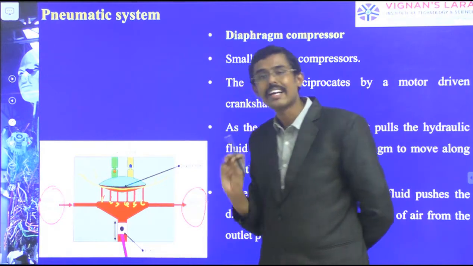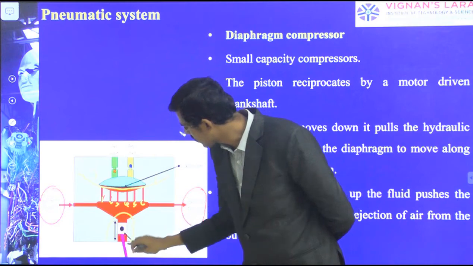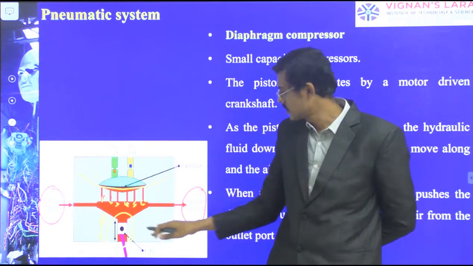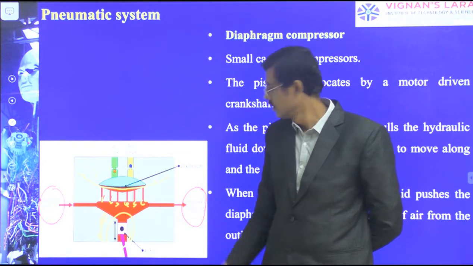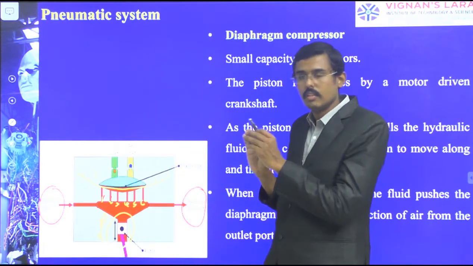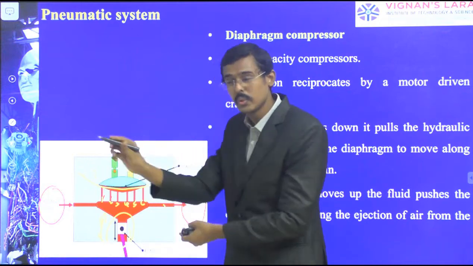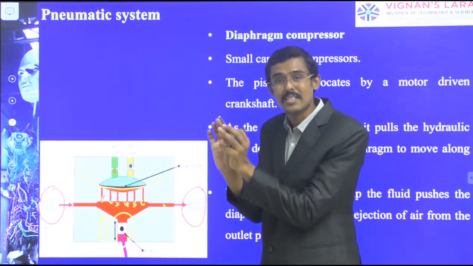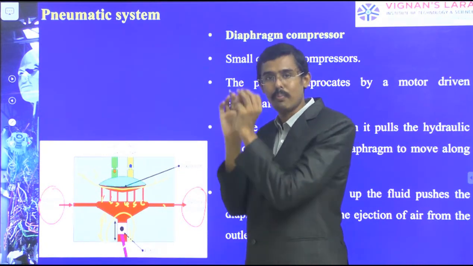With all these micro ports, the piston reciprocates up and down, operated by the motor. When the piston is reciprocating, this fluid is pressurized well. When the piston is going forward, fluid is pressurized through these micro ports. What happens? The hydraulic fluid is compressed.